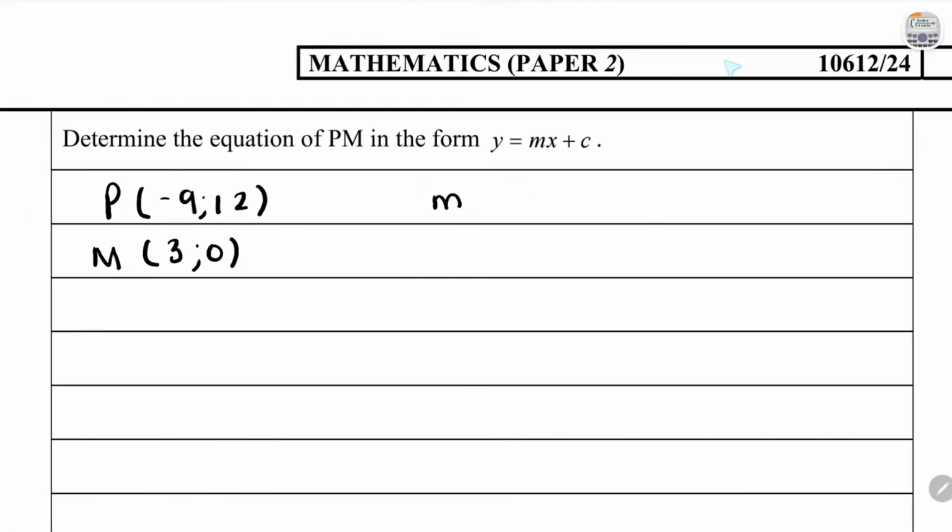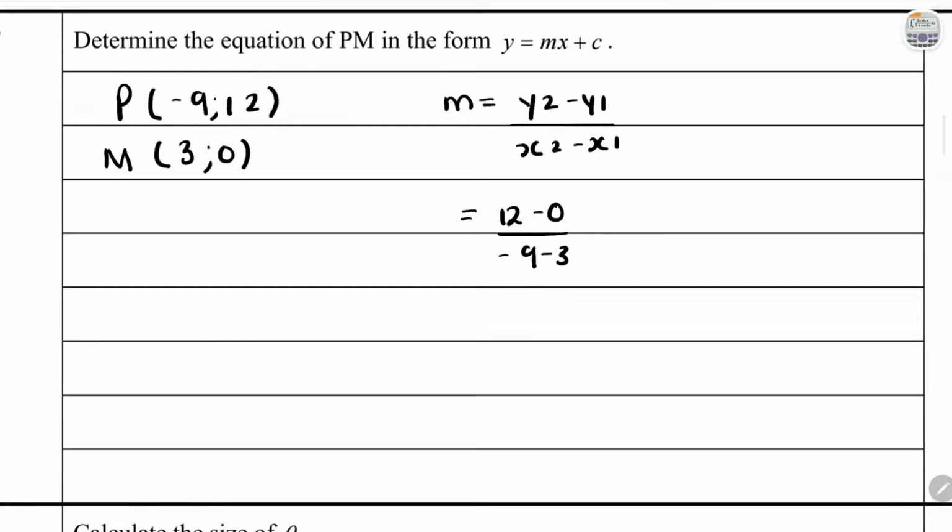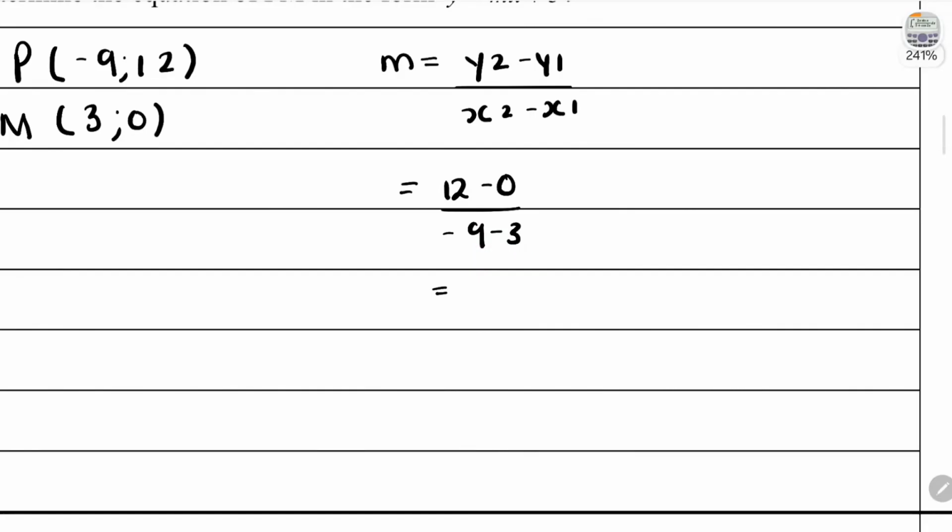So here's the formula for gradient: y2 minus y1 over x2 minus x1. So 12 minus 0, and then negative 9 minus 3. 12 minus 0 is still 12, and negative 9 minus 3 is negative 12. So the gradient of PM is equal to negative 1.